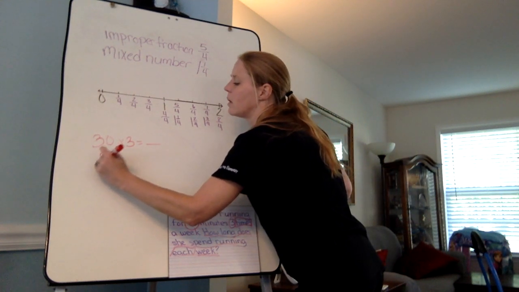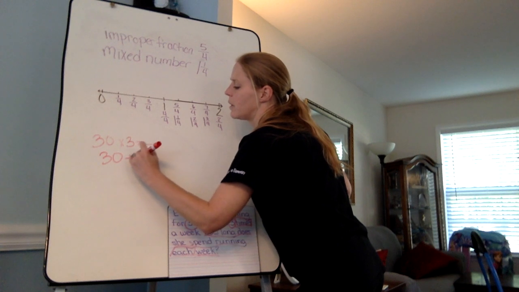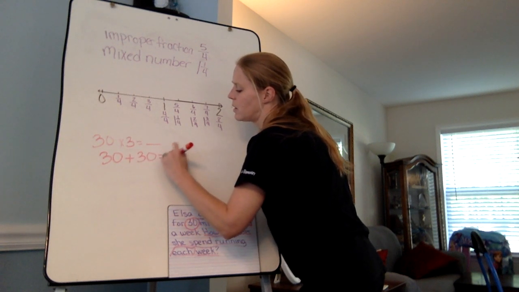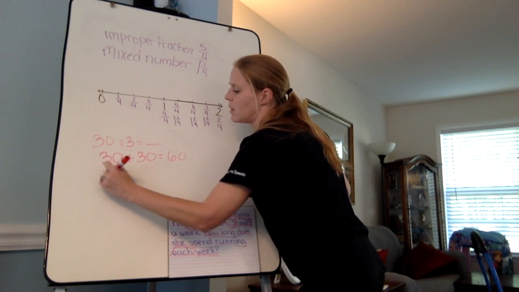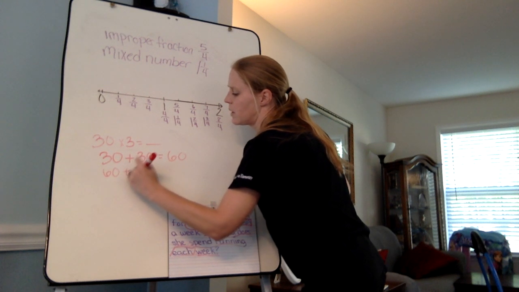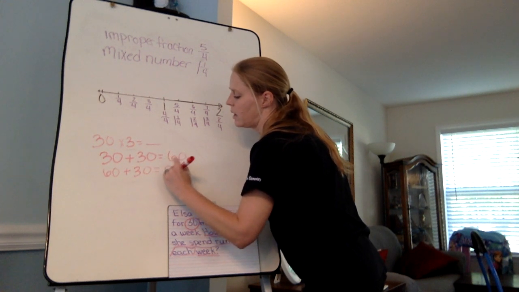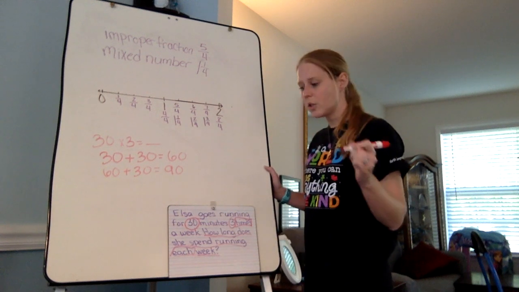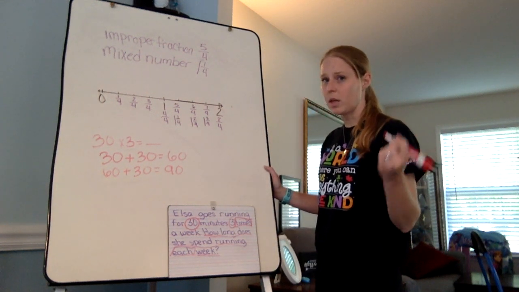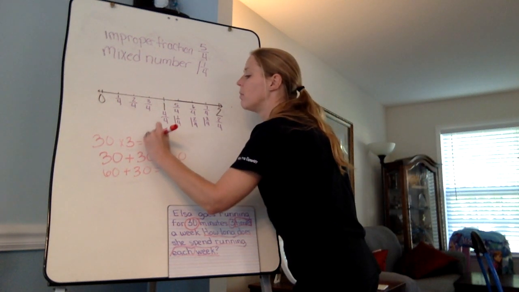Well, let's do 30 plus 30 equals 60. 60 plus 30 equals 90. So altogether, she spends 90 minutes a week running. It's a lot of time.